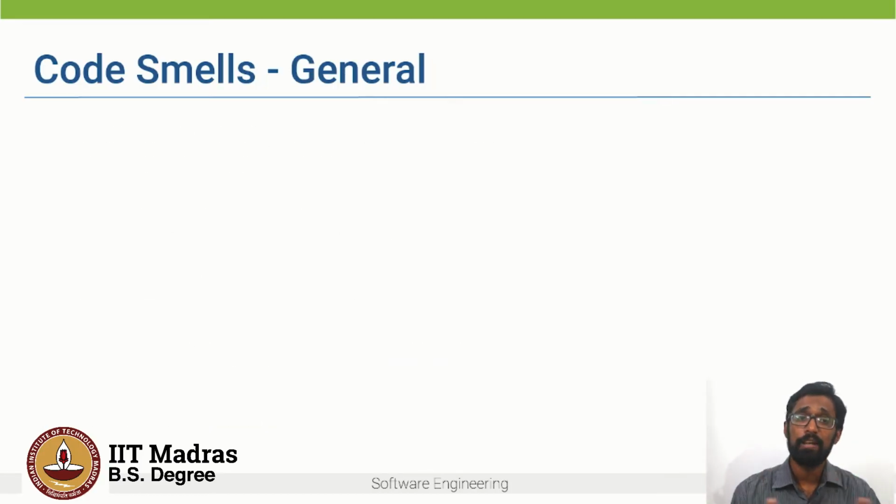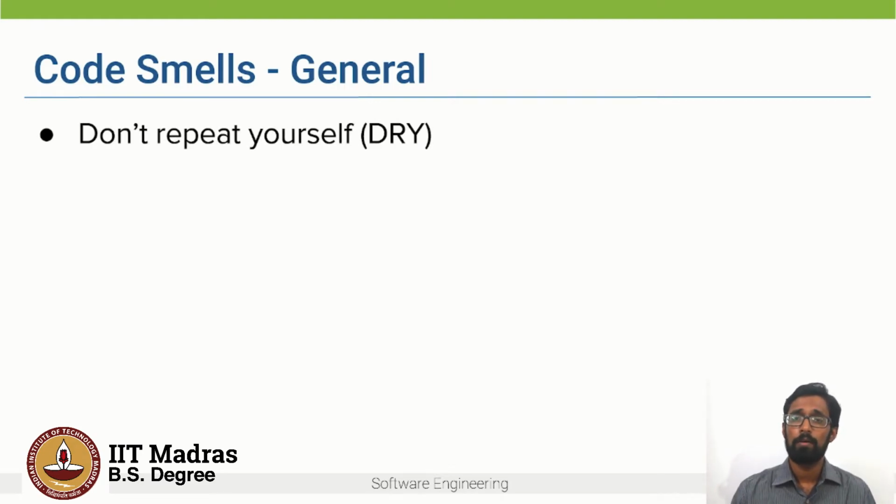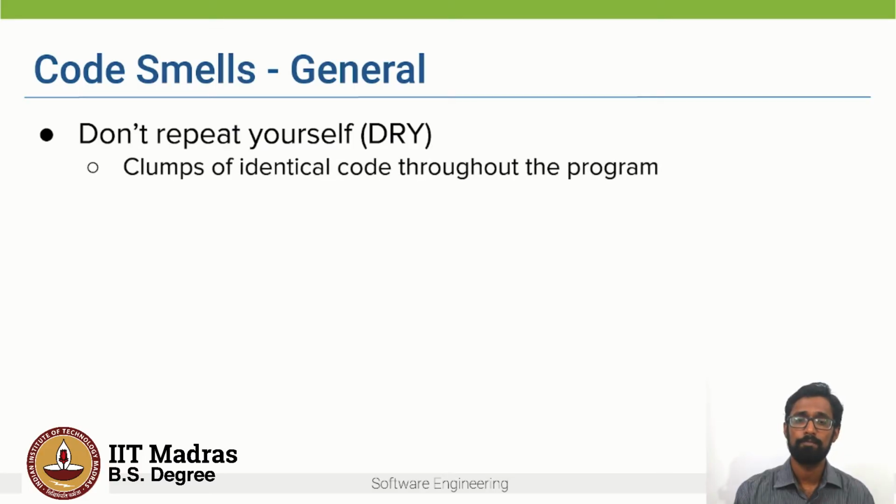Then there are general code smells. There are several examples, and we will look at some of them. But a key and important principle is the DRY principle, or Don't Repeat Yourself principle. So what does this mean?